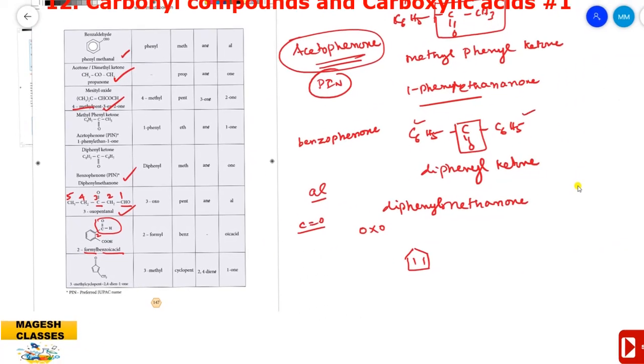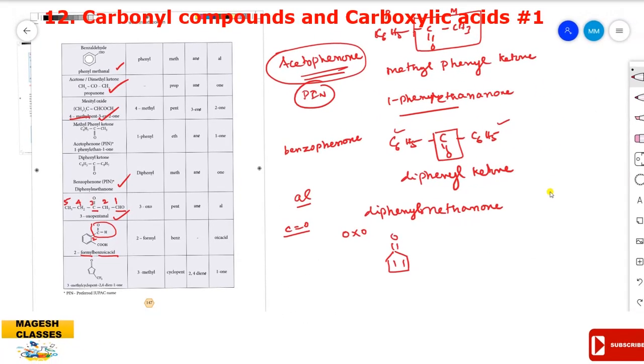The next one, this compound is a cyclopenta compound, and here the keto group is present and one CH3 is present. So the cyclo prefix is added, and it is 5 carbon, so it is considered pent. Is it saturated or unsaturated? It is unsaturated. This is the first carbon, the functional group, then the second carbon, third carbon, fourth one, fifth one.